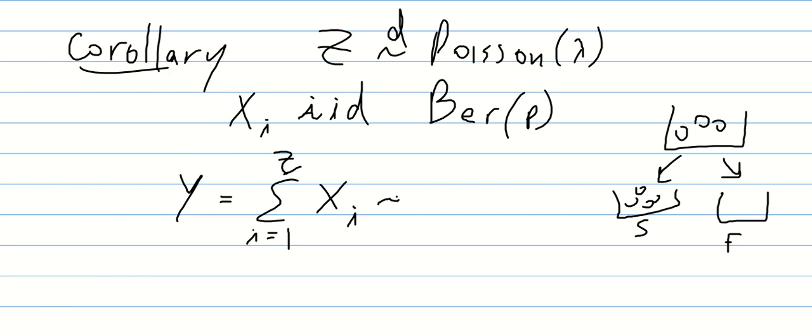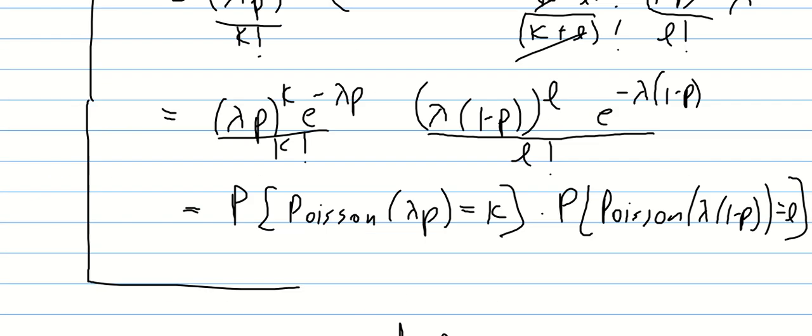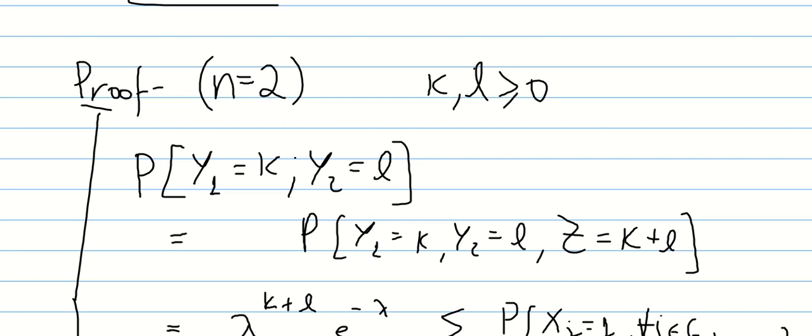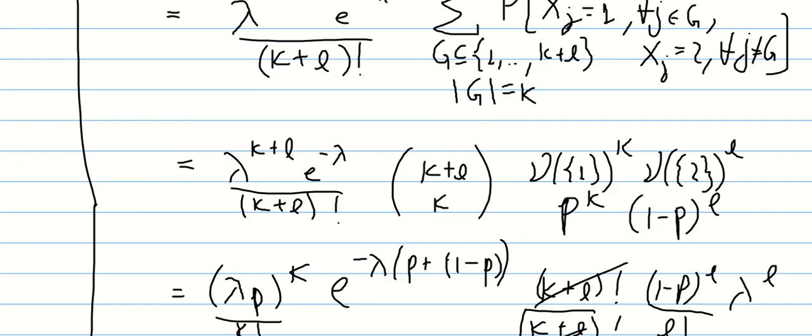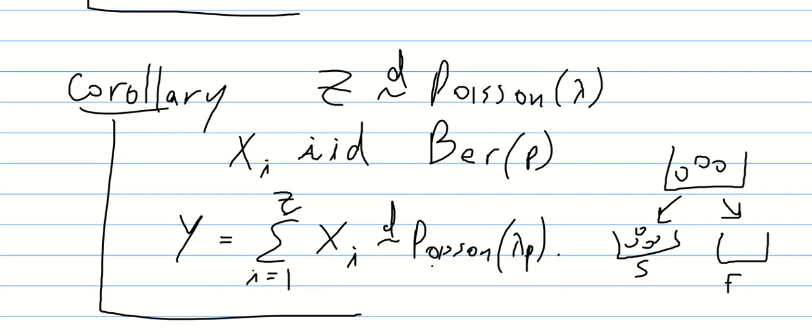So it has a distribution which is Poisson lambda p, because you're just taking the above statement and summing over the other variable, y2, and since this is an independent thing, we just get the probability of the first one, which is Poisson lambda p.